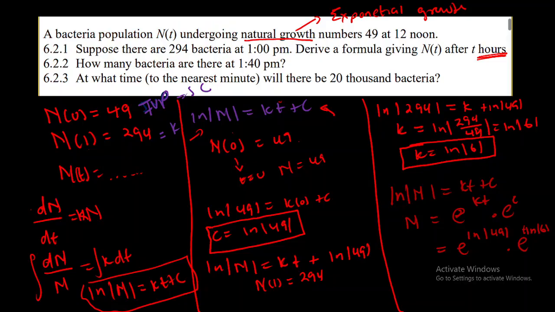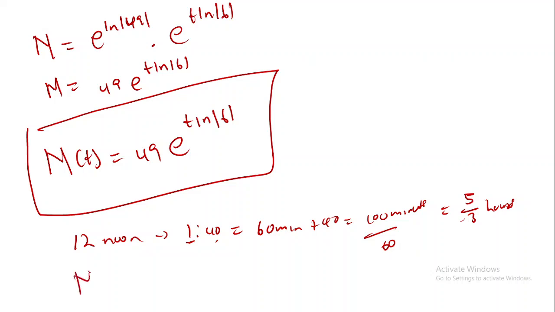Let's go back to the question. How many bacteria are there at 14:00? So what is N when time is 5 over 3 hours? They're looking for N when time is 5 over 3 hours.